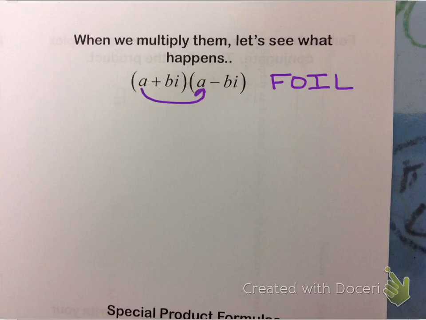When I do the first terms, a times a, I get a squared. When we do the outer terms, a times negative bi, we get minus abi.